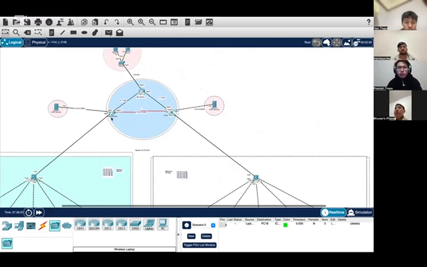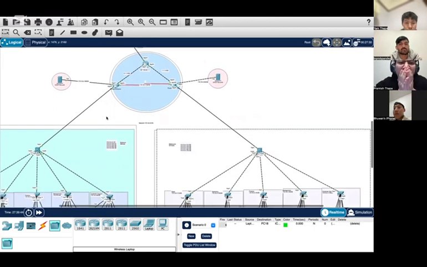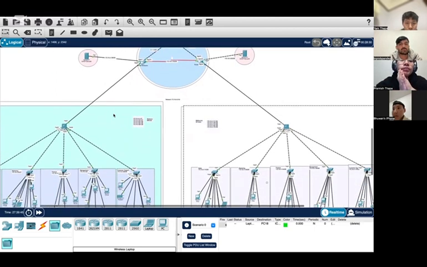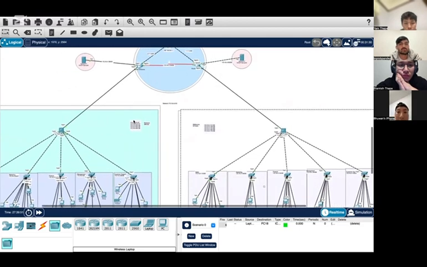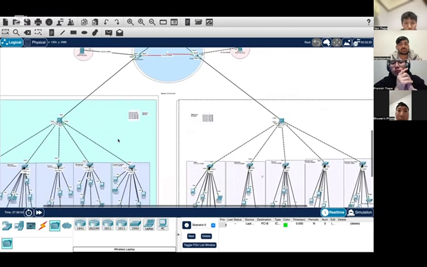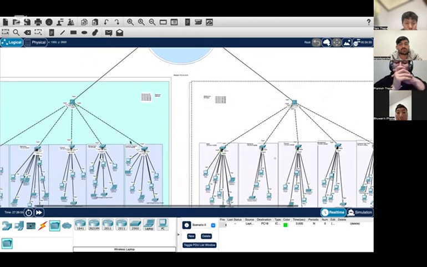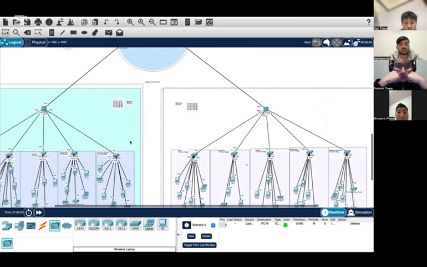These routers are used for router on a stick inter-VLAN. For the VLANs, we have these networks here, which are subnetted by /27 for the first two departments, and then /28 for the rest of the departments.